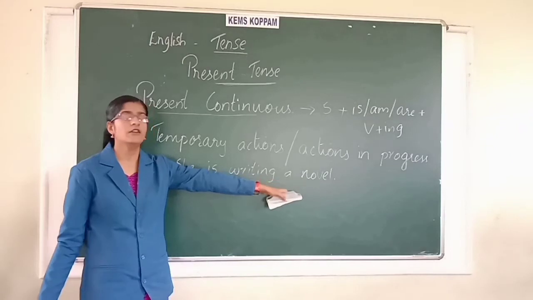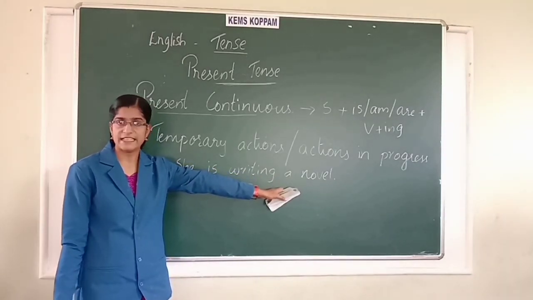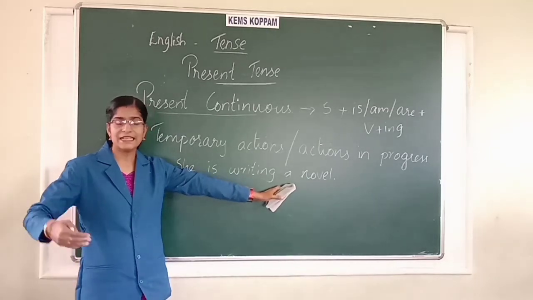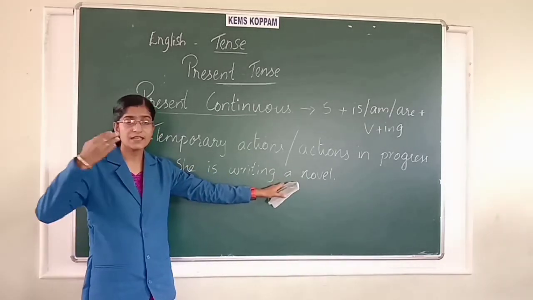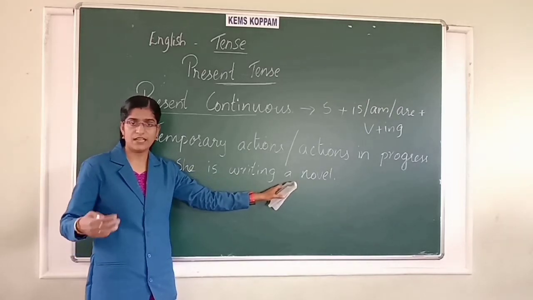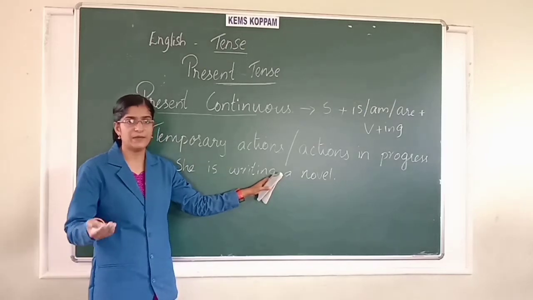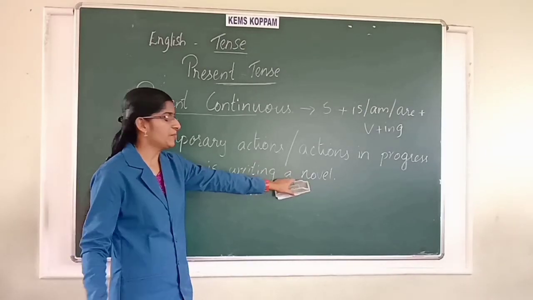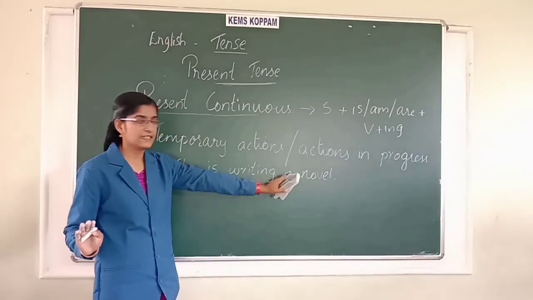Okay, we know a novel we cannot complete within 1 or 2 days, isn't it? But at the time of speaking, she may not be writing, but she is doing that. Okay, it is in progress. It is developing. Soon it will be finished, but she is doing that now.